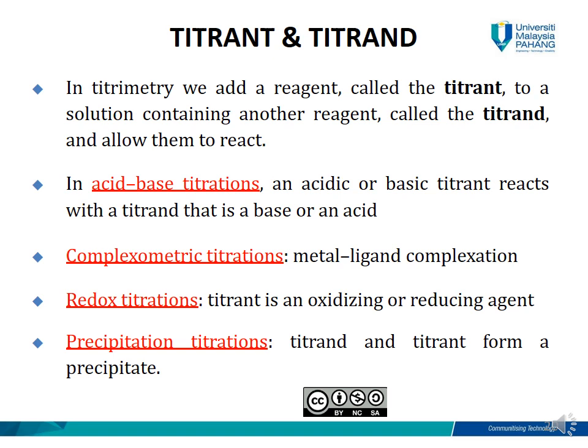Next is complexometric titration. This is for metal-ligand complex formation. We will learn a lot about this in the next chapter. For this, basically in the conical flask, the titrand must consist of metal, and in the burette, the titrant must consist of ligand solution.